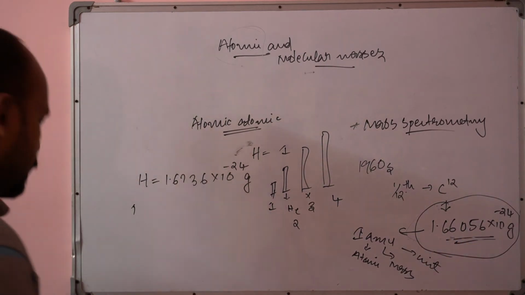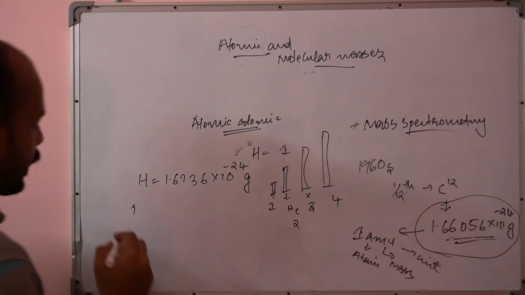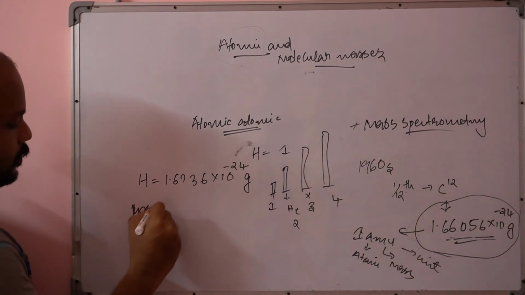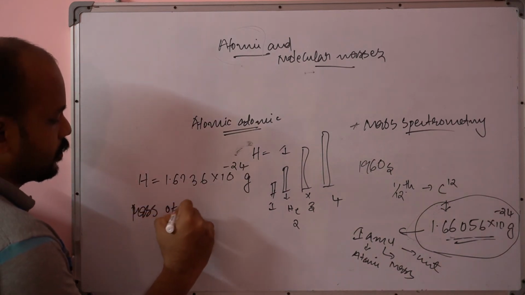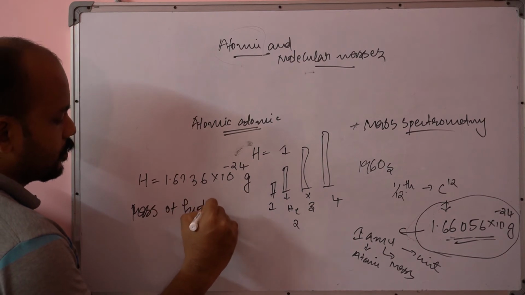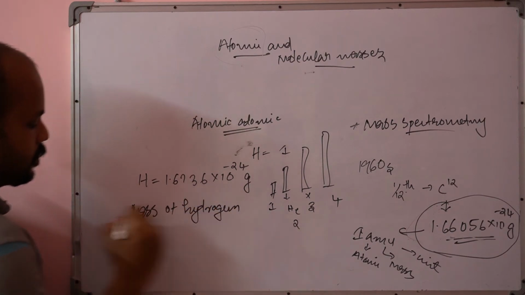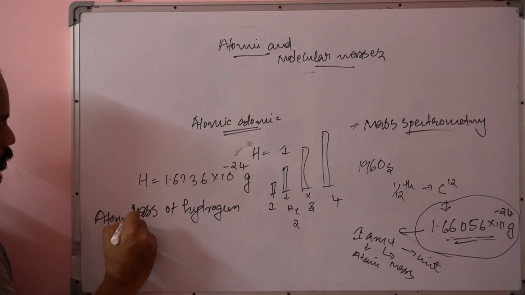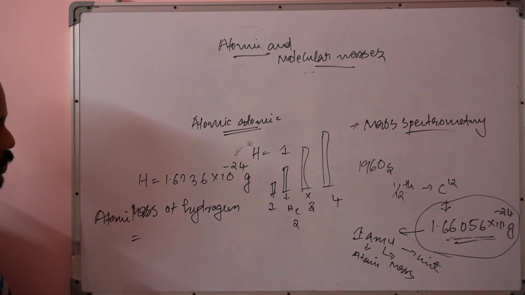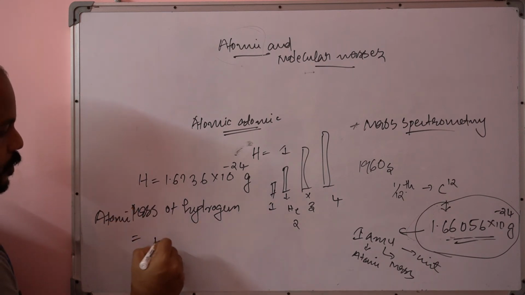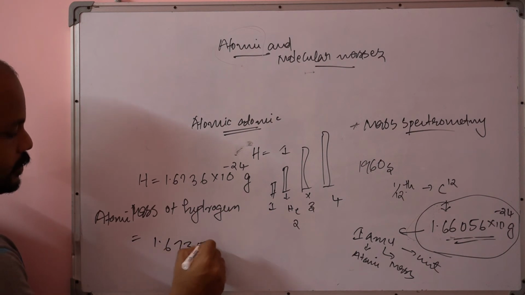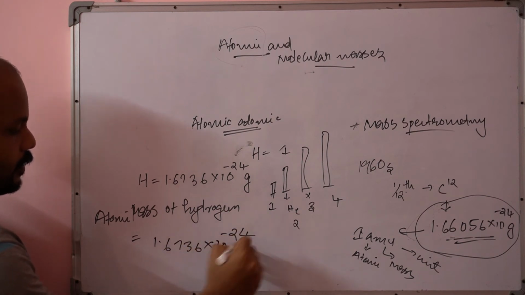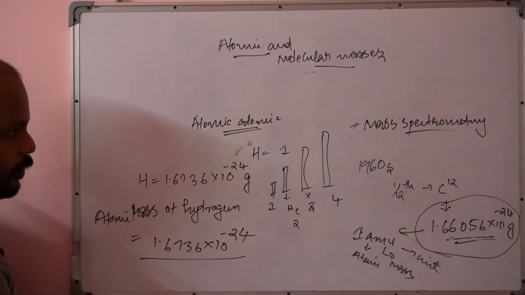Now we can take the atomic mass of hydrogen: it is 1.6736 into 10 raised to minus 24 divided by 1.66056 into 10 raised to minus 24, the 1/12th mass of carbon 12. So you will get almost 1.0078 atomic mass unit. Previously they were comparing with the mass of hydrogen, but now instead of keeping hydrogen as the reference, they keep 1/12th of the mass of carbon 12.